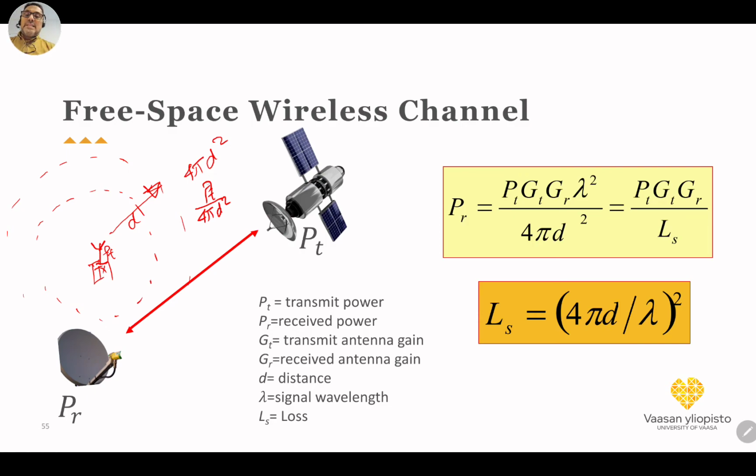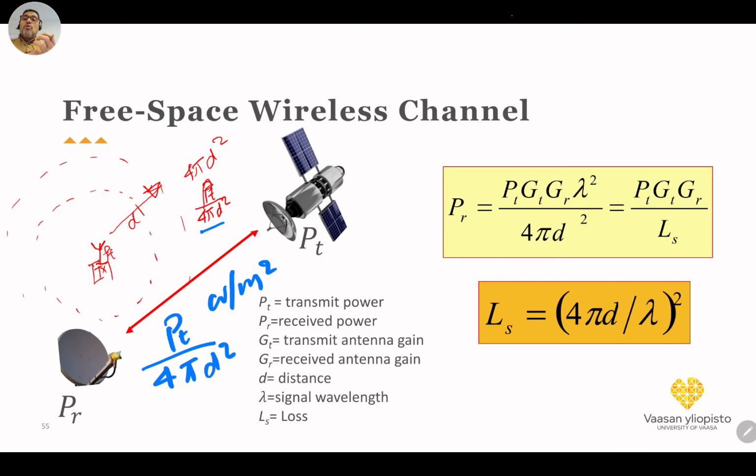So it will be P_t divided by 4 pi d squared. And what is the unit of this value? It will be watt per meter squared, because it is a power density.